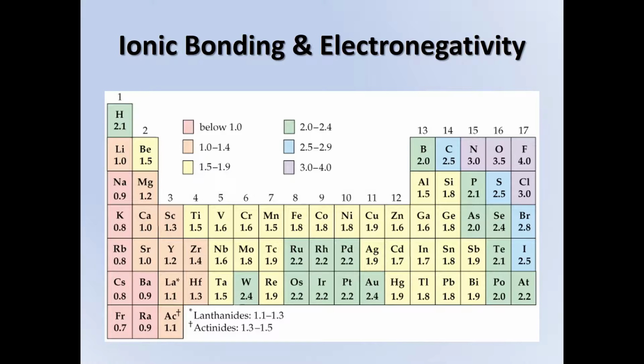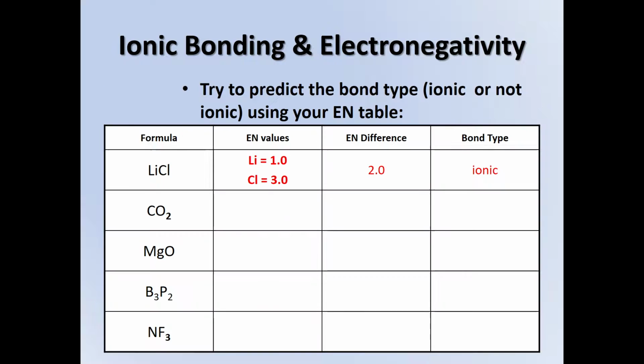So calcium and arsenic. Do you think they'll react together and form an ionic bond? No. Calcium has an electronegativity of 1. Arsenic has an electronegativity of 2. That's only a difference of 1. They will not react together. So, lithium and chlorine.